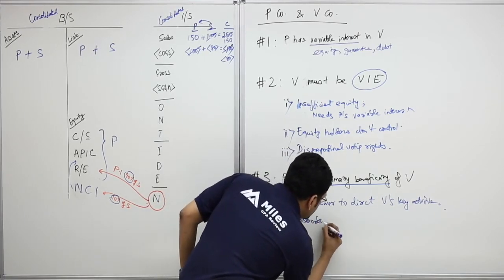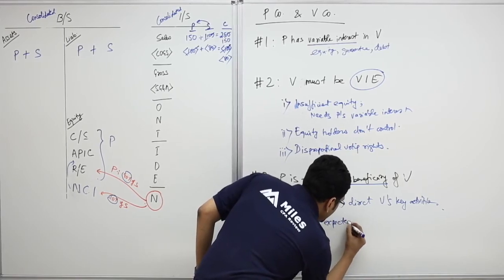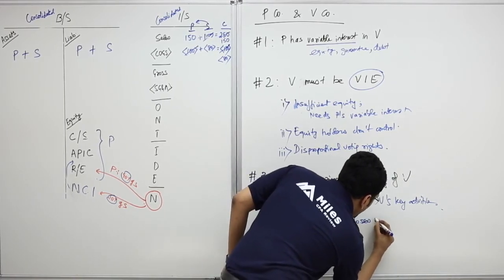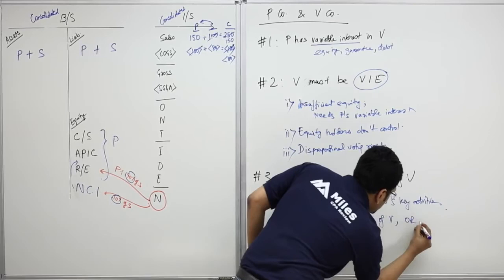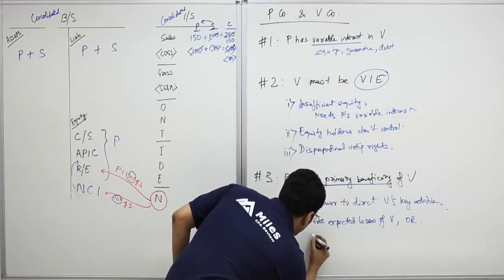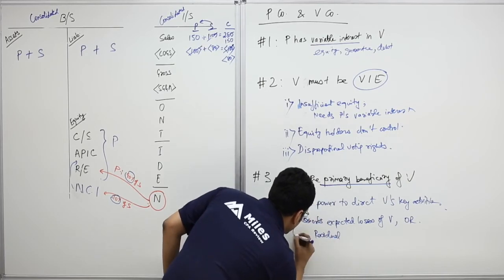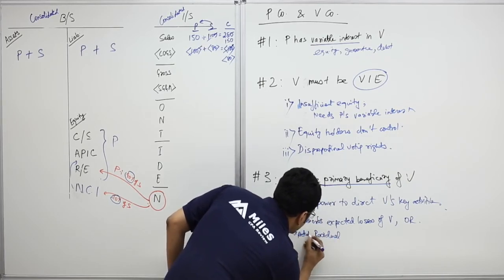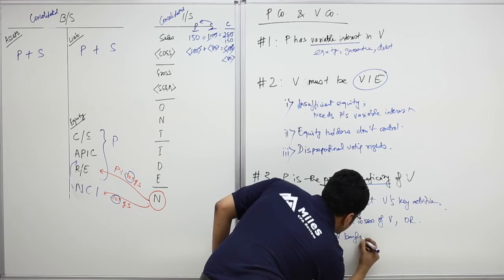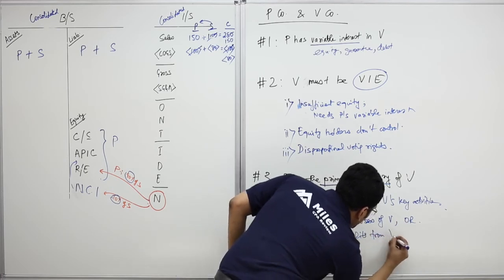P absorbs expected losses of V, or they get residual. So we're looking at expected residual benefits from V.